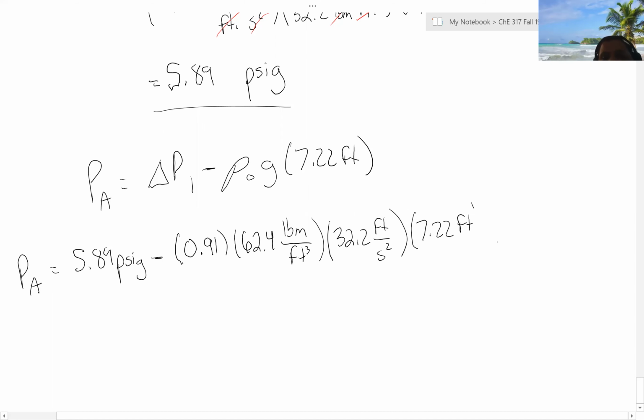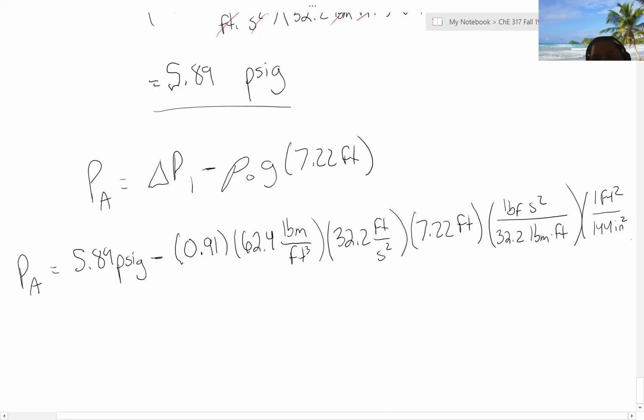Once again, we'll have to divide by G sub C, 32.2 pound mass foot per pound force second squared. And then once again, 1 foot squared is 144 square inches. We do all that, we should be left with about 3.05 PSIG.